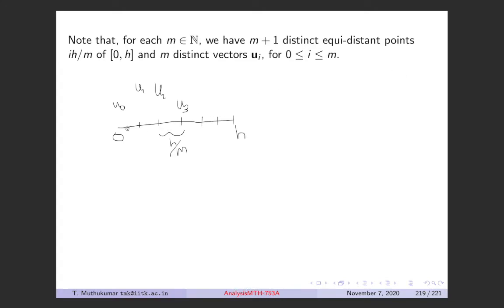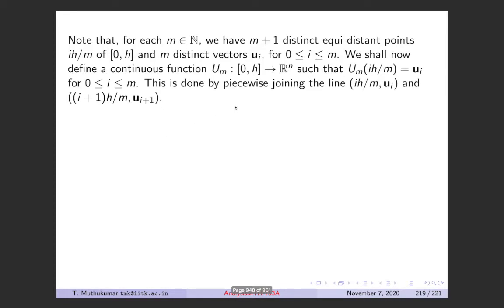At these endpoints it takes the values U0, U1, U2, U3, U4. There are many ways of doing this. What we want is a continuous function defined on this interval such that at the endpoints it takes these values.